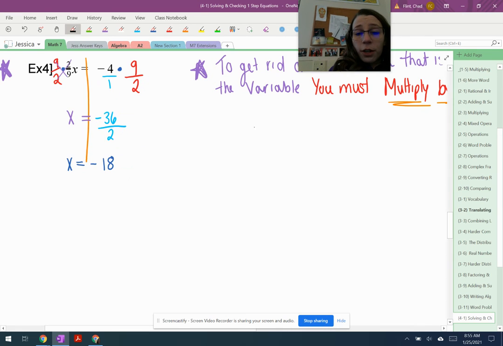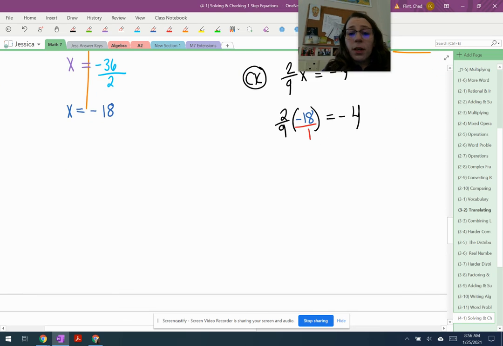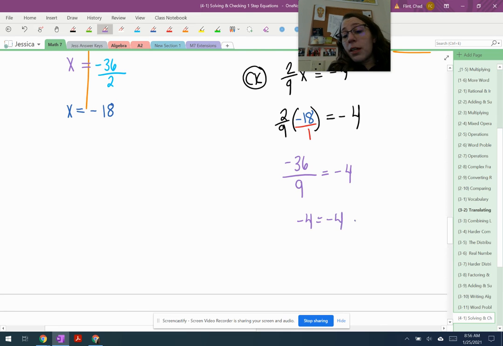And we are going to do a check for this one because we need to. So again, starting off with my check by simply rewriting the original problem, replacing my variable with empty parentheses, filling in my number, and doing some order of operations here. 18 times 2 is going to be -36. 9 times 1. -36 divided by 9 is -4, and that does work out.